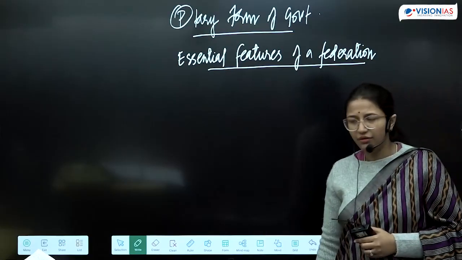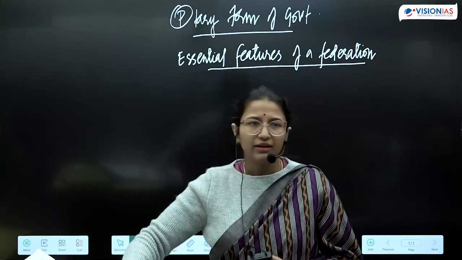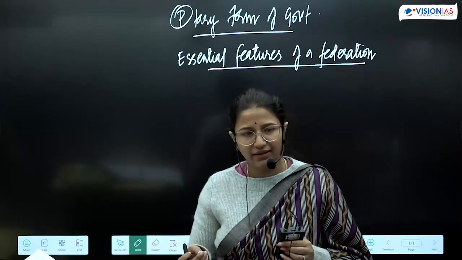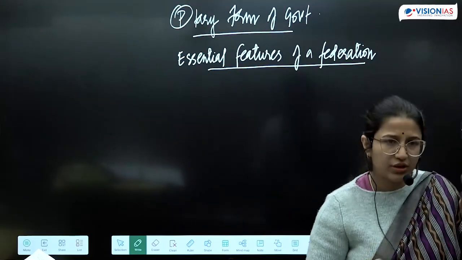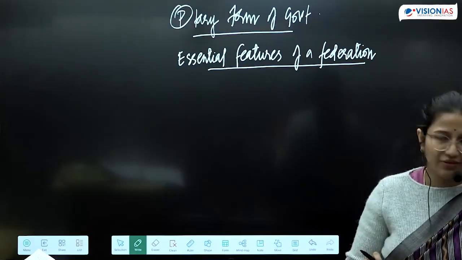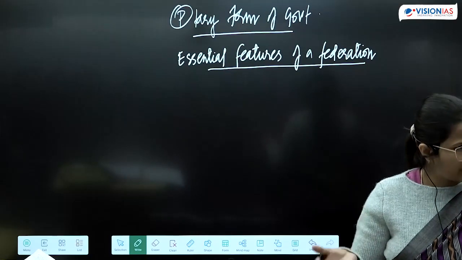We know in a federal form of government, the power is distributed between the center and the state, or the central government and the regional or local governments. The source of power for both center and state is the constitution itself, and both have independence in their own sphere of operation.